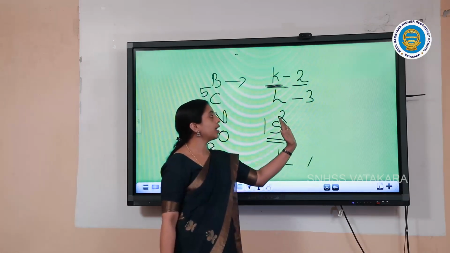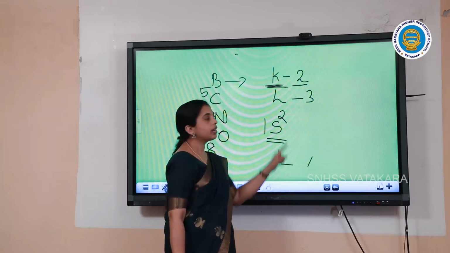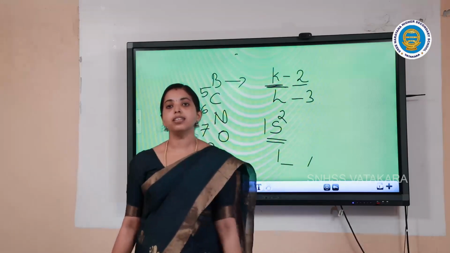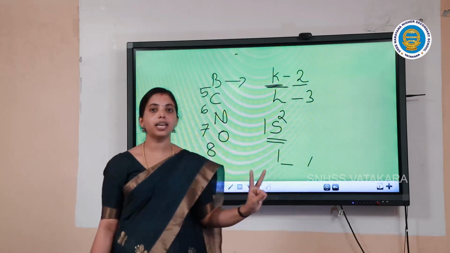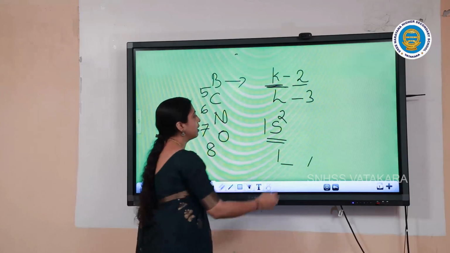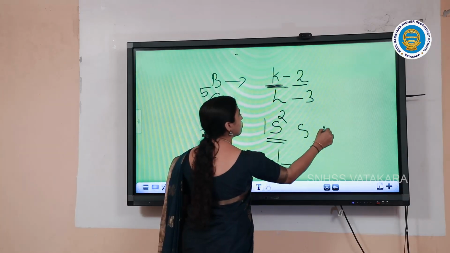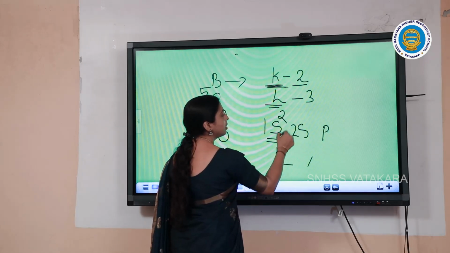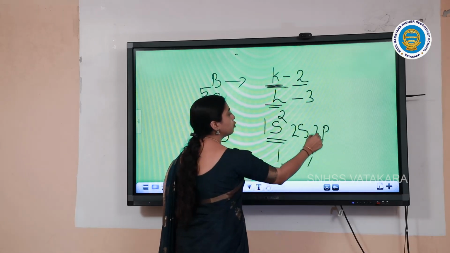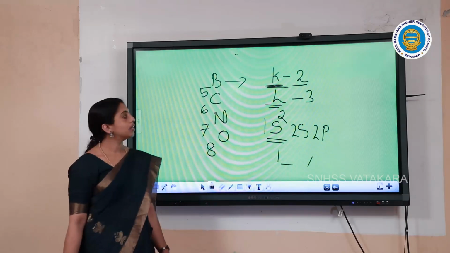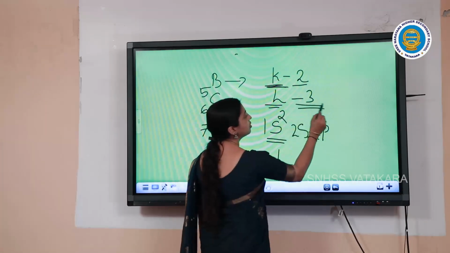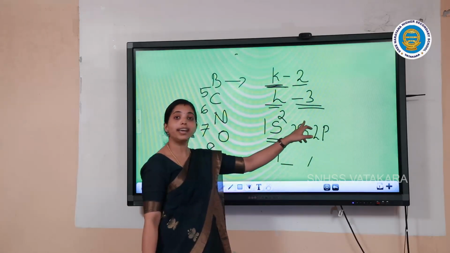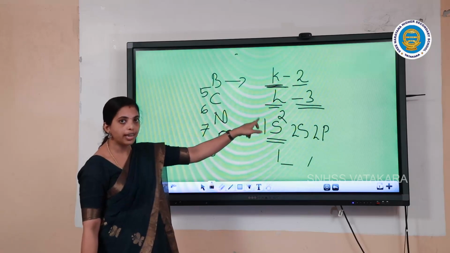The balance electrons enter into the next shell. The next shell is the L shell. L shell has how many subshells? 2 subshells, S and P. S is the subshell of the second shell, so you write 2s and 2p. Clear? Next, how many more electrons are here? 3 more electrons. First you fill the S subshell.